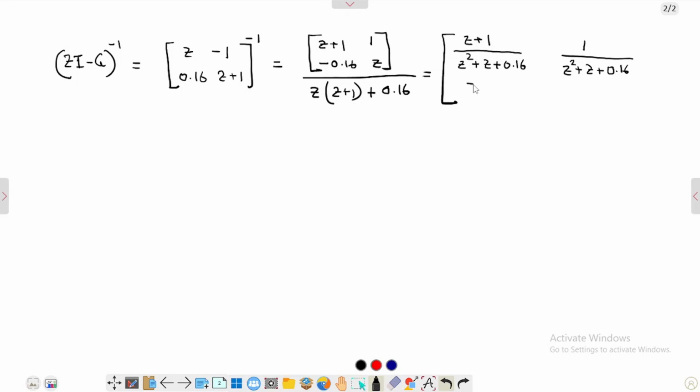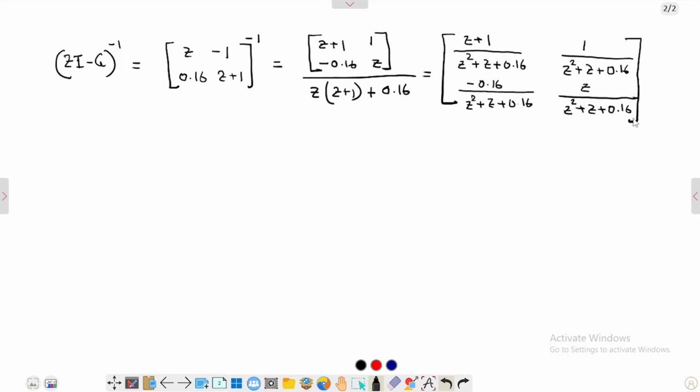In here what I get is -0.16 divided by z² + z + 0.16. And here what I get is z divided by z² + z + 0.16. So I got this inverse matrix here.